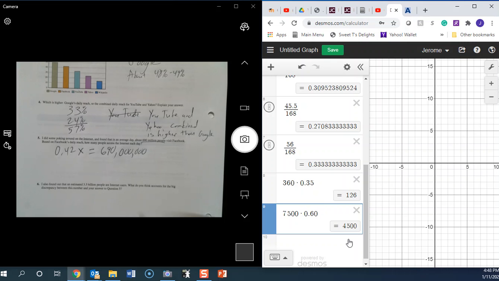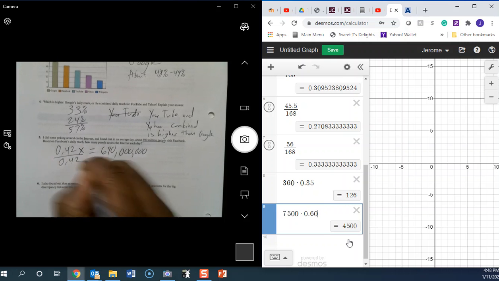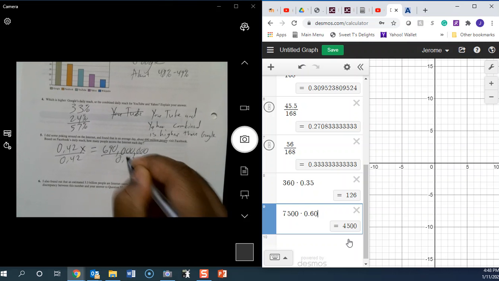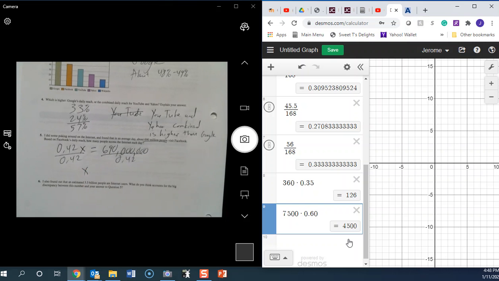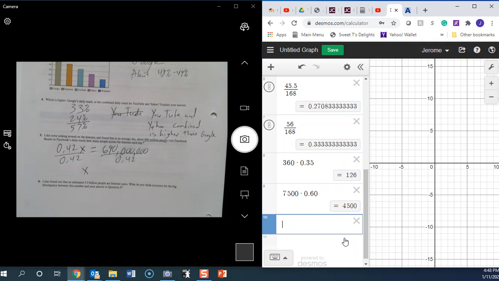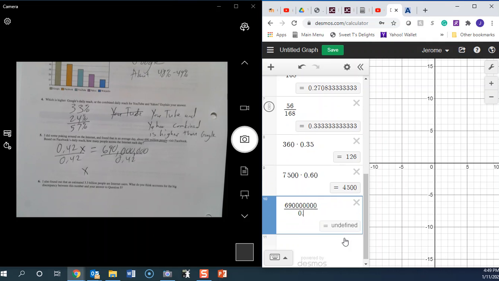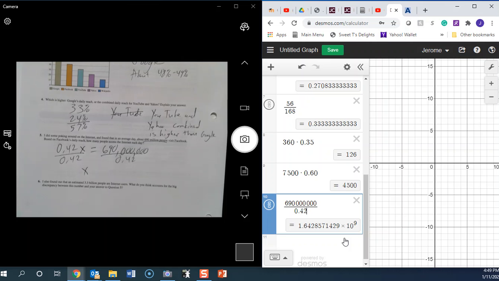Okay, so we divide each side by 0.42. Let's see if it's exact or approximate. So we have 690 million divided by 0.42. If you notice here, we have this very, very long number. It has this value multiplied by 10 to the 9. Since this exponent on the 10 is positive, we have to move this decimal 9 places to the right.